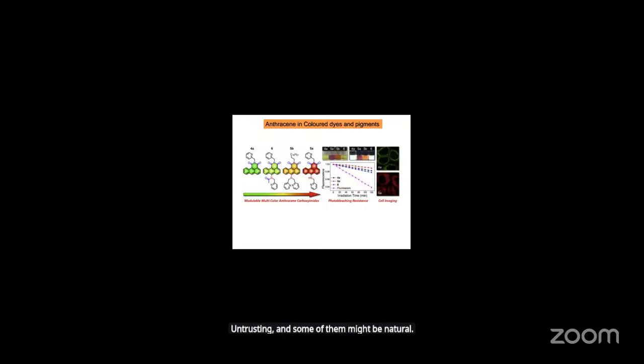Some of these have the ability of fluorescence. That fluorescence is the glow you see. Some of these dyes, whenever you apply them in something like lip gloss, you see that they start glowing. That is the presence of anthracene.